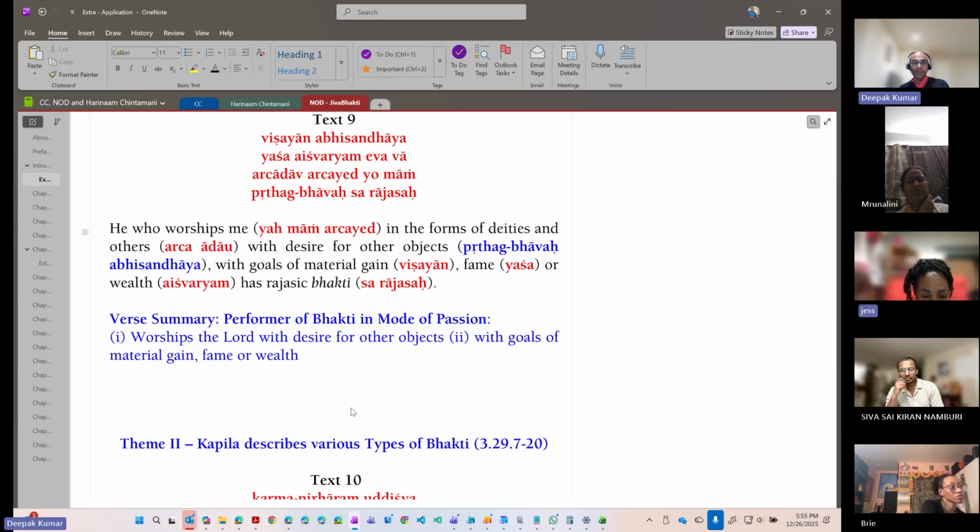That's okay. Yeah. So this is the second definition. This is again mixed bhakti, and this is mixed bhakti in the mode of passion. So what are the attributes? In this case, the worshipper is worshipping the Lord with desire for other objects. I want a super good car. I want a house for me, right? I should look good when I teach.